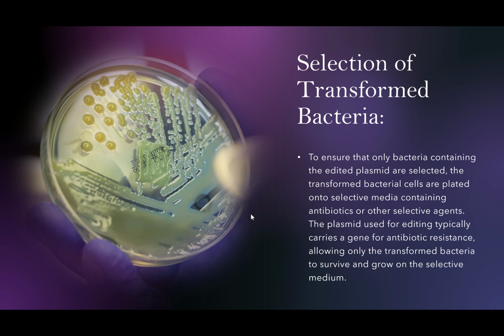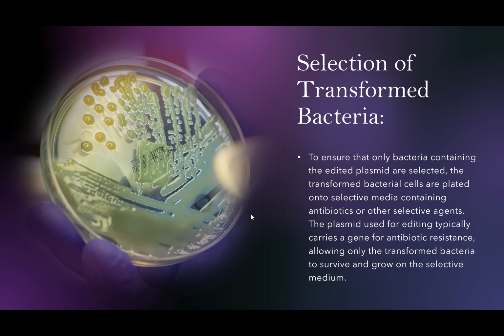When we grow these bacteria on petri dishes, the culture, we're going to introduce antibiotics or other selective agents to the bacterial culture to kill off any bacterial colonies that are not the ones that were edited.